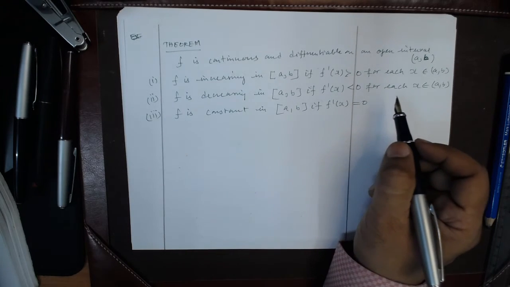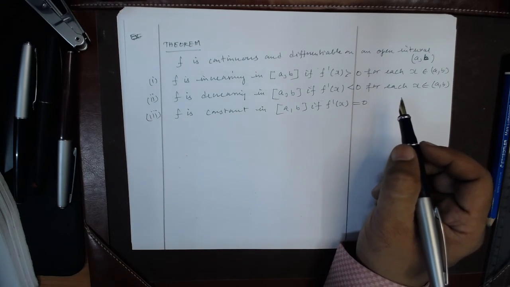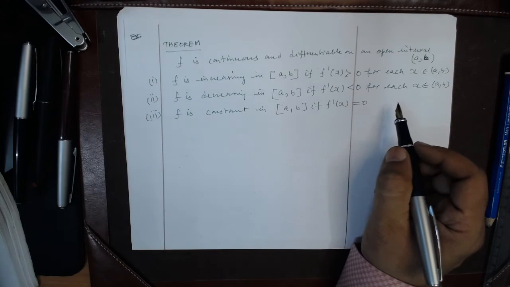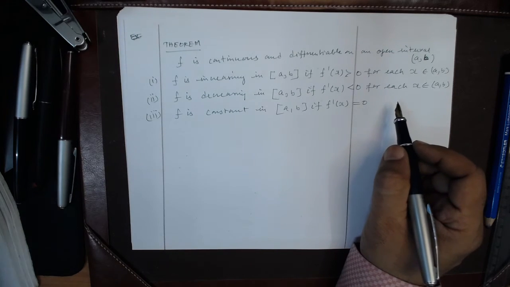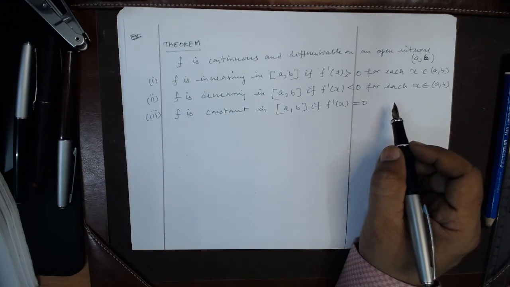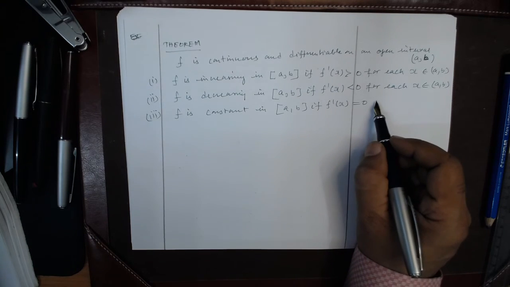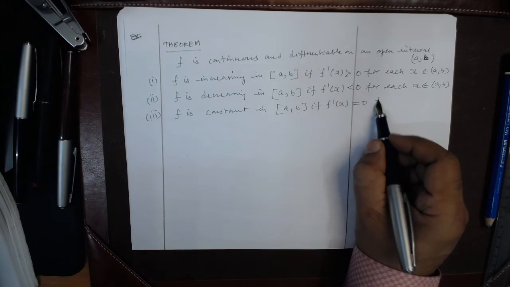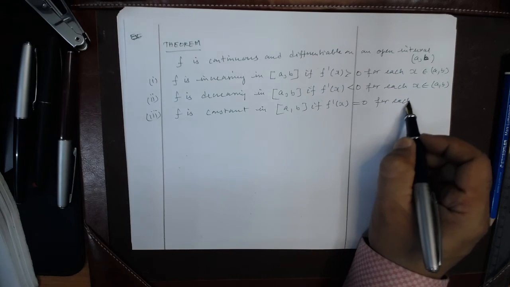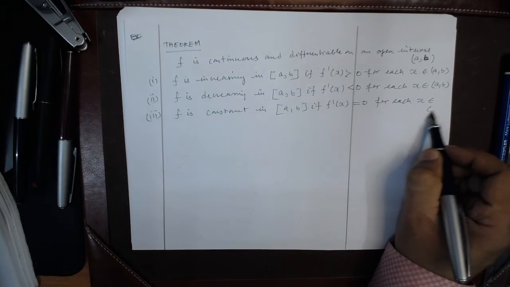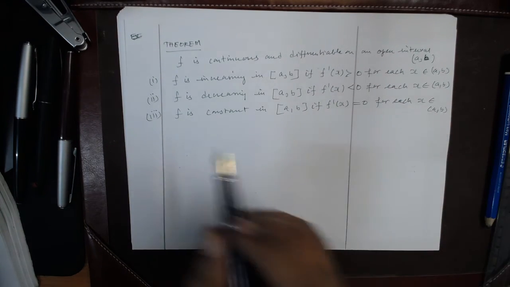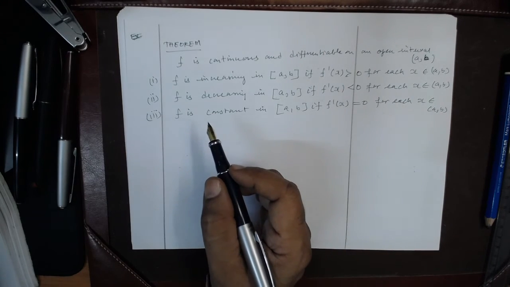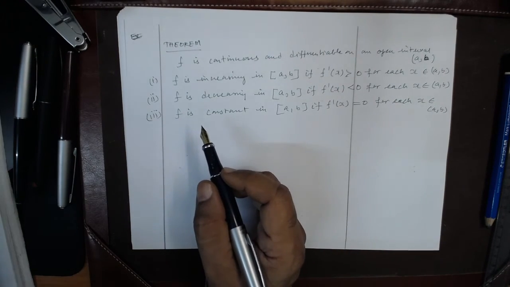If it is the case, it means that it is constant. It is not increasing, it is not decreasing. It is neither increasing nor decreasing. It maintains constant, for each x that belongs to (a, b) open.